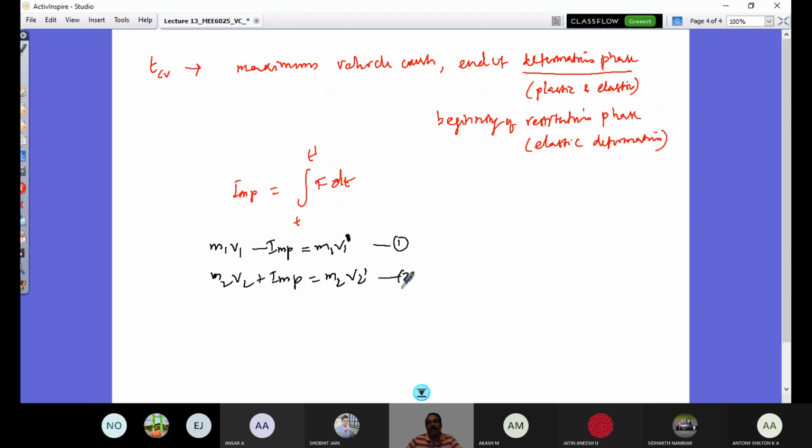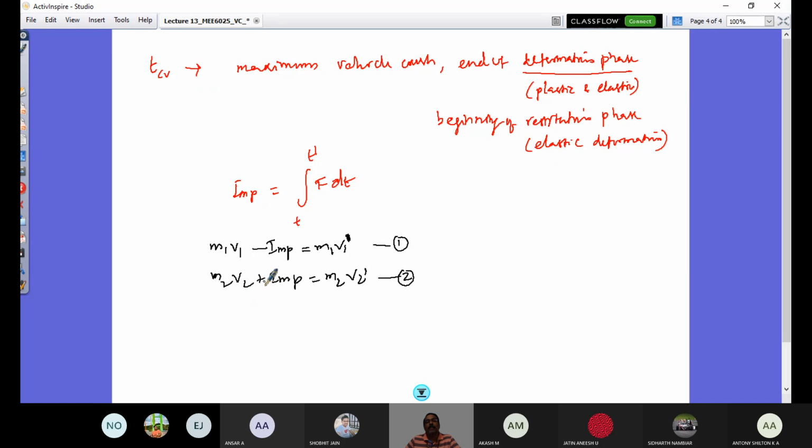The difference from the earlier class is that earlier I was taking the common velocity point. Now I'm taking one vehicle and writing the impulse-momentum principle, and the second vehicle also I'm doing.